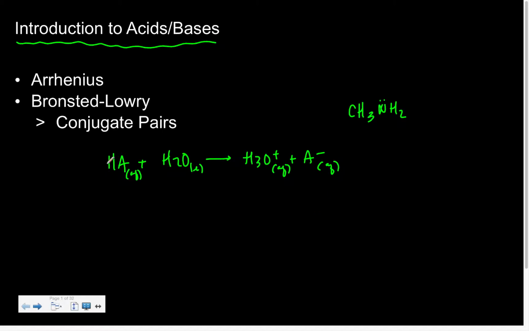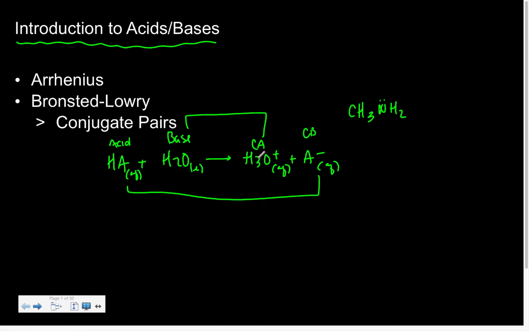So if we talk about our conjugate pairs, this is an acid, and its conjugate is its deprotonated form. So this would be its conjugate base, the deprotonated form. Whereas if this is an acid, kind of like redox happens in a pair, if this is our acid proton donor, this must be our base or proton acceptor, with this being its conjugate acid, the protonated form.